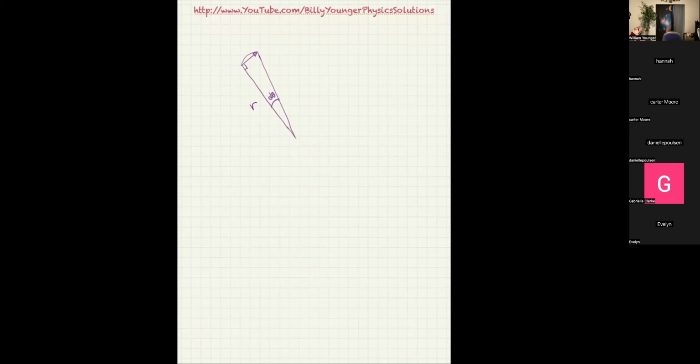But you can see as small as theta gets, the length of DL and the length of the chord should be really, really close to each other. So DL is equal to R d theta in the theta hat direction. And what do I mean by that? Well, it's actually in the negative theta hat direction, excuse me. Let me do that a little better.